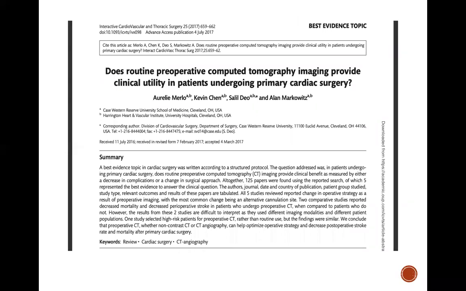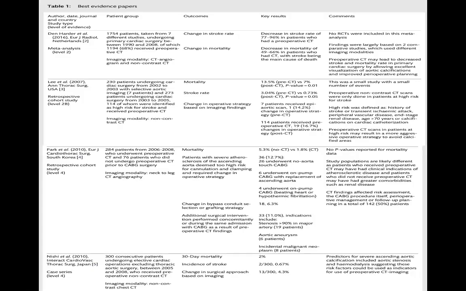One paper was published in 2017 to specifically answer the question of whether routine preoperative CT provides clinical utility in patients undergoing primary cardiac surgery. In the same paper, in this table, you can see their best evidence papers, the ones they collected.